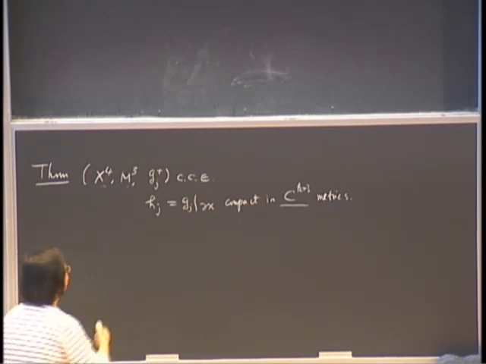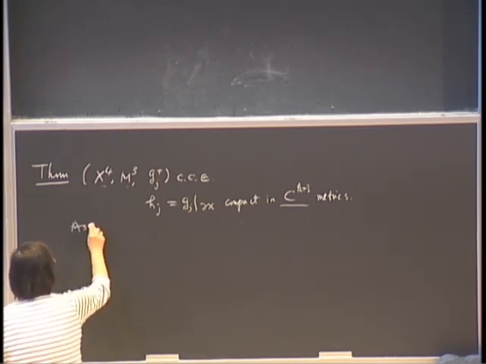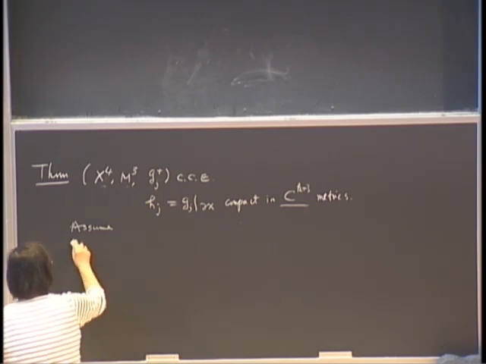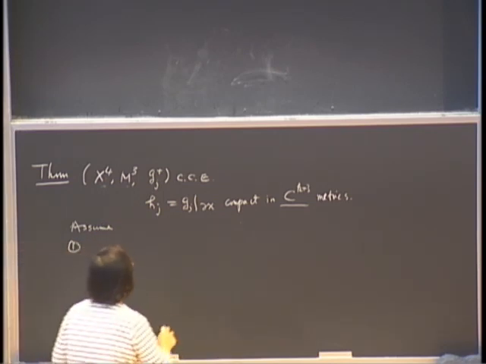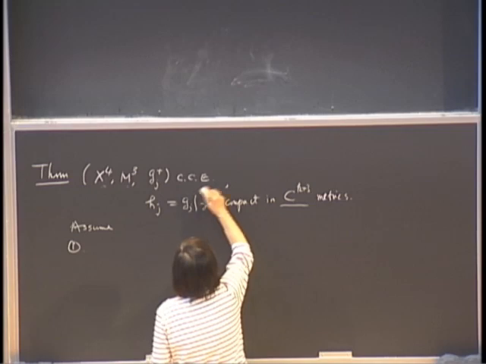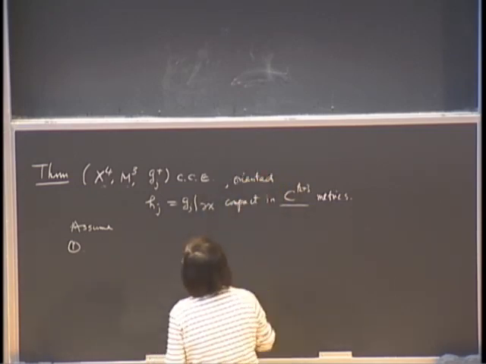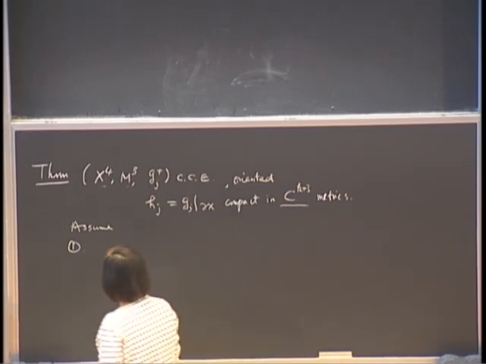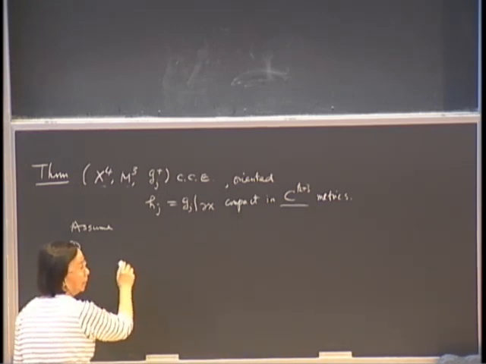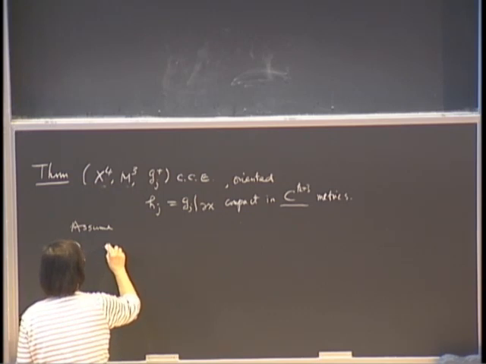I hope. Okay. So assume the following. So the first assumption we put, for that reason, we put it in an oriented manifold, is that the second Betti number of this X^4 is equal to 0.